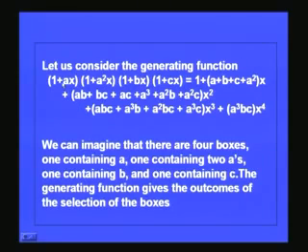What does this represent? It represents the following thing. You can imagine that there are 4 boxes, one containing A, one containing 2 A's, one containing B and one containing C. The generating function gives the outcomes of the selection of these boxes. So you are having 4 boxes.